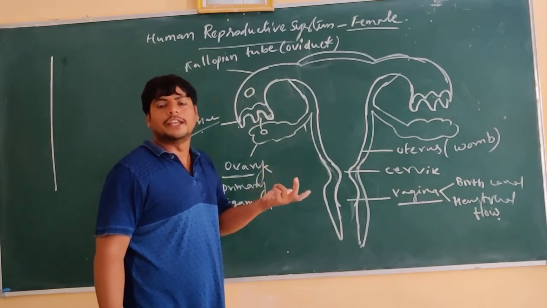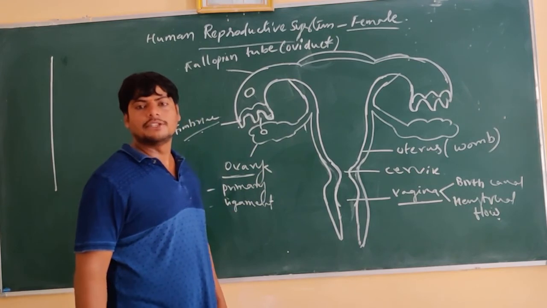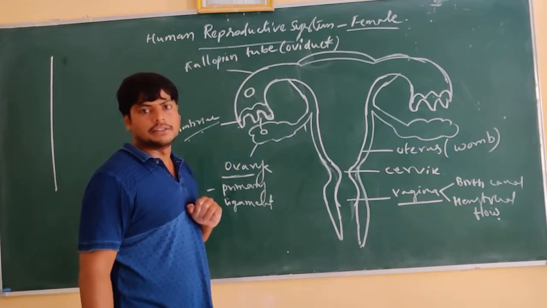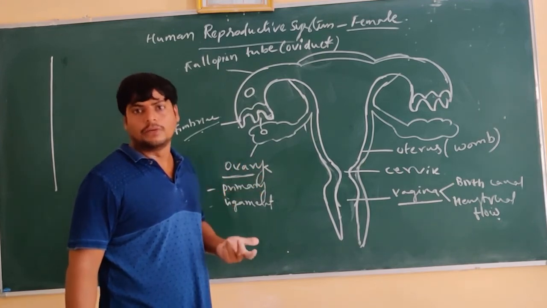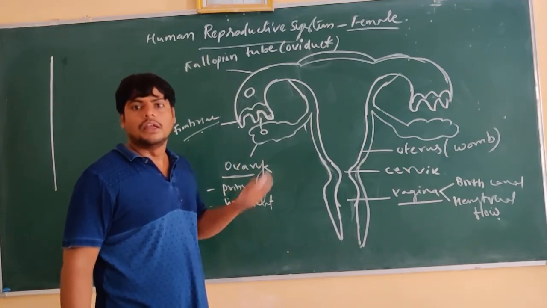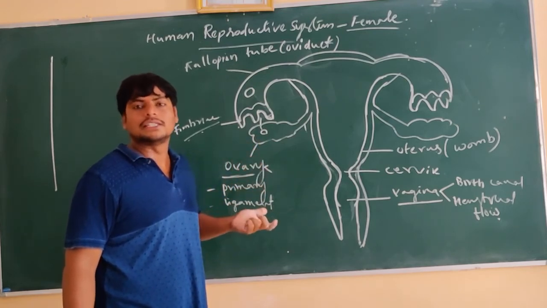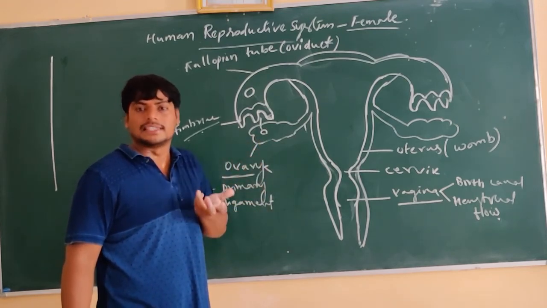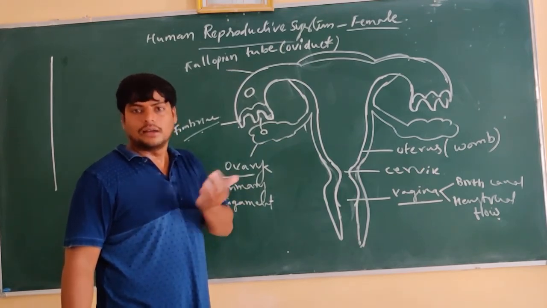Estrogen helps to maintain the secondary sexual characteristics, and progesterone helps in the maintenance of pregnancy. The ovaries are developed earlier in the mother's womb in a child, but they are not functional. And these ovaries consist of around 2 to 3 lakhs of egg cells, which are not released until reaching puberty.